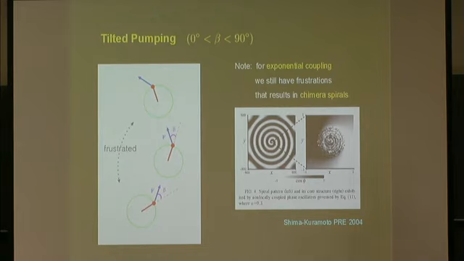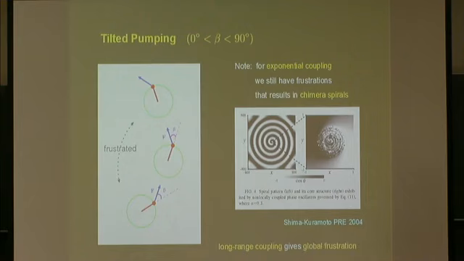So there is a numerical study for exponential coupling with phase shift beta, and in this case, they found a spiral, but only at the core, the phase is random. So this is the coexistence of ordered and disordered states. They call it chimera states or chimera spirals.